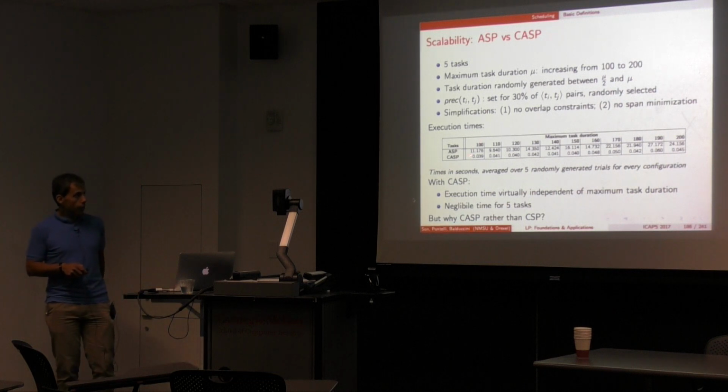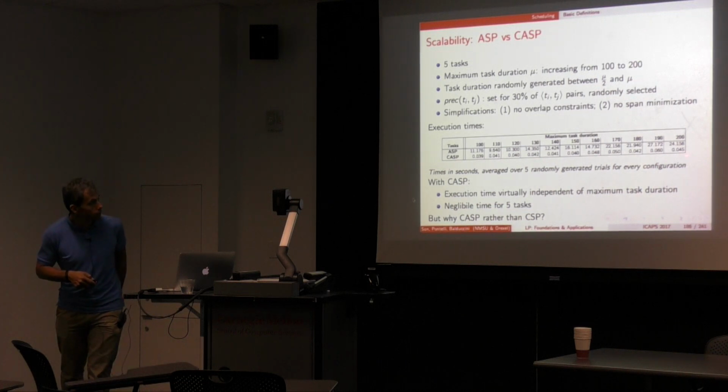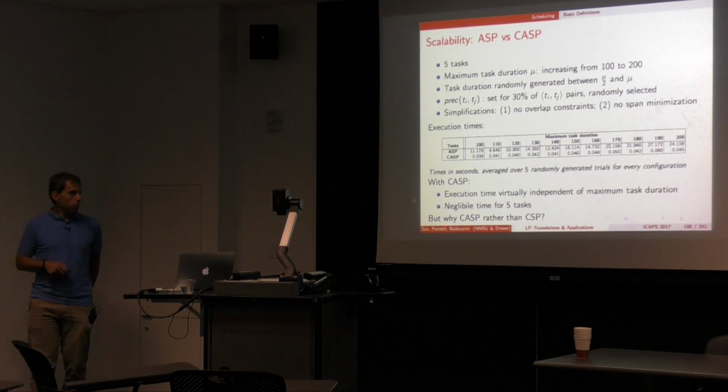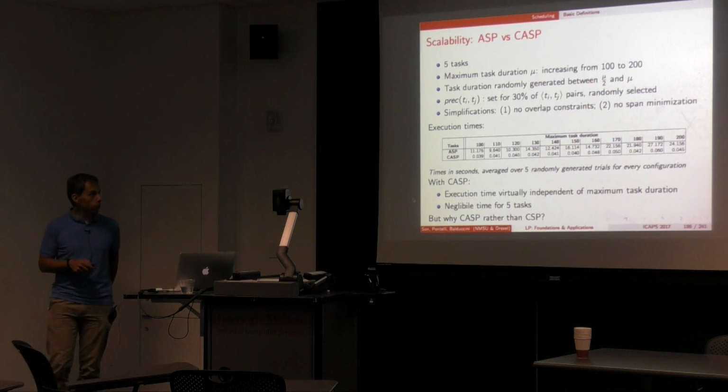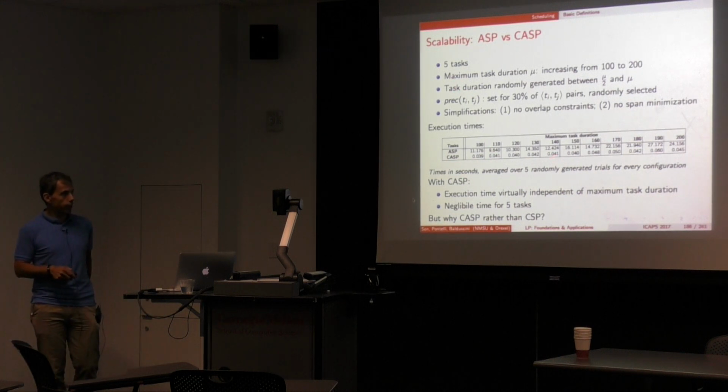The maximum task duration has essentially no effect, negligible effect, on execution time. And the other aspect is this is a small 5-task problem with very little constraints on it, and it's solved very quickly.